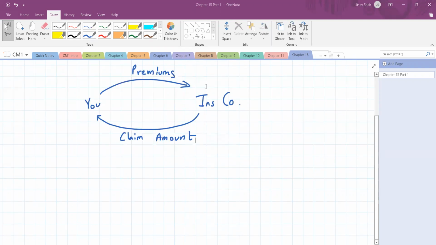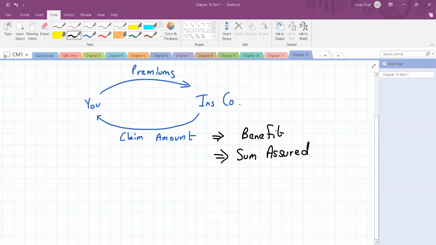This claim amount is the benefit that you are receiving. It is also called the sum assured. That is the amount that the insurance company assures you it will pay in case a certain event happens, for example, in life insurance, on death.